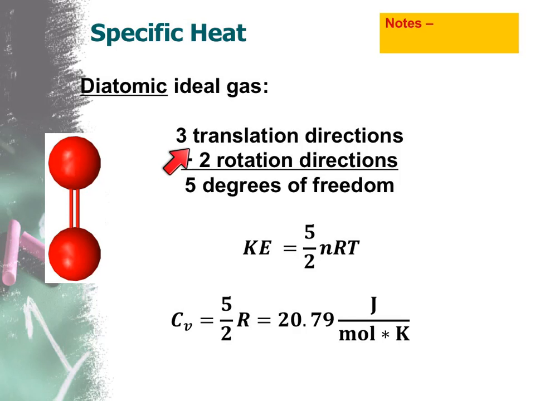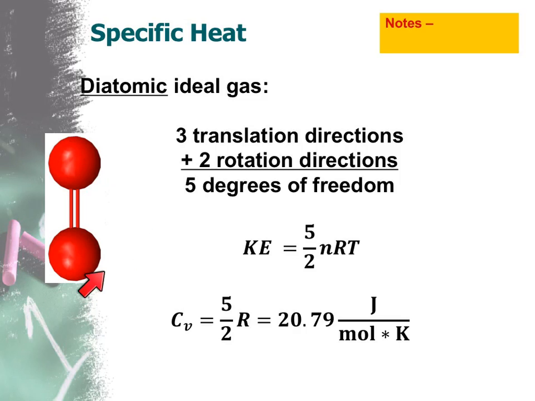Well, when you have a diatomic gas, you also have two possible ways that this can rotate. It can either rotate in a circle like this, or it can rotate in a circle that actually comes in and out of your monitor. And you could imagine it's a very similar circle, except you would be looking at it from the side, up and down, rather than looking at it from the top like this.